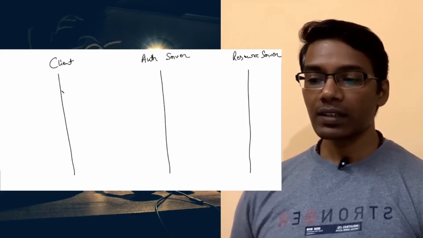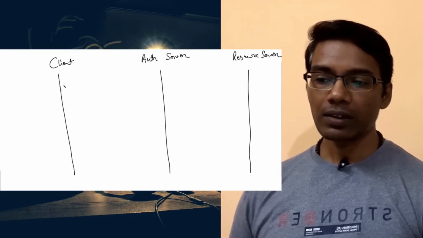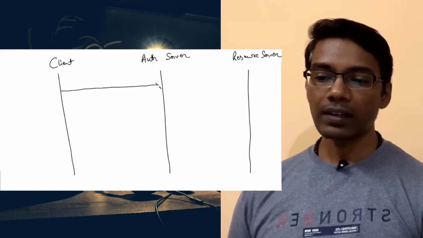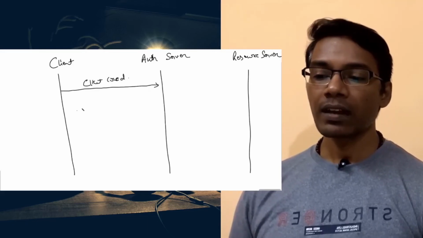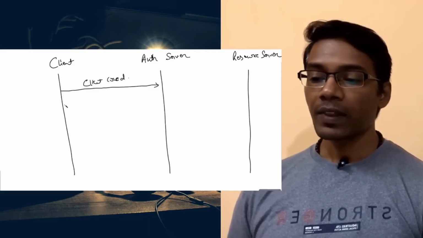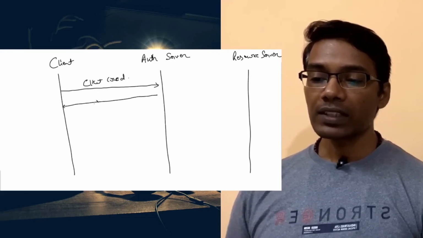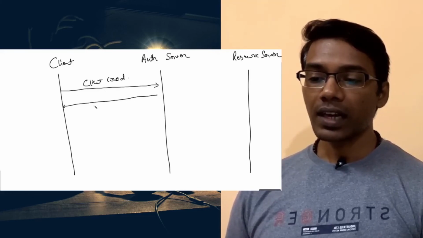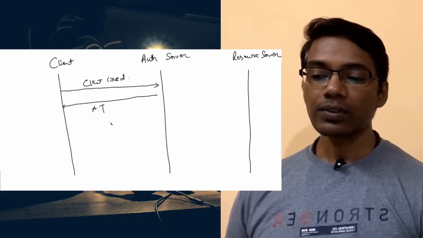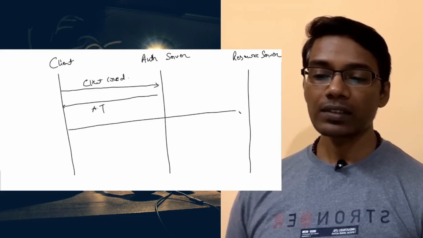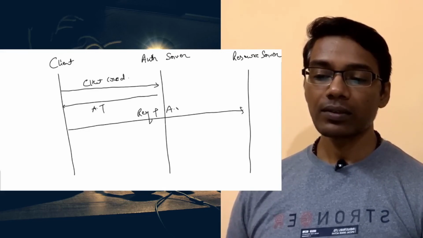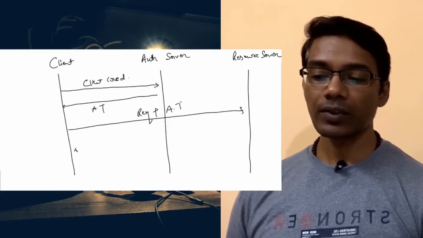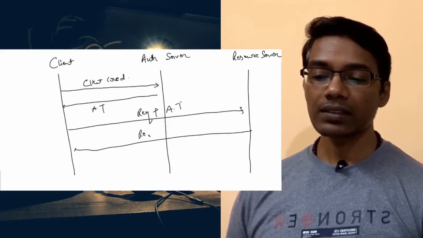So in this way, instead of going through that login page, the client itself can provide the client credential to the OAuth server. In response to this client credential, the client will be provided with an access token. Now in the subsequent request, the client can send the request with the OAuth token, and the resource can be accessed this way.